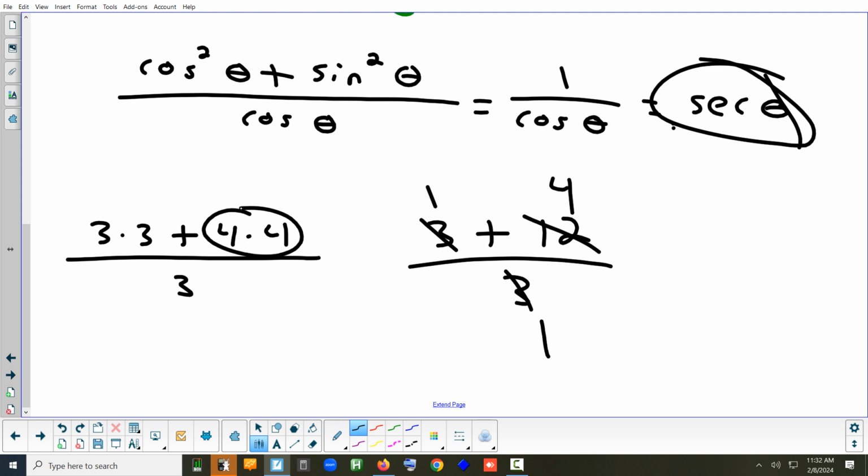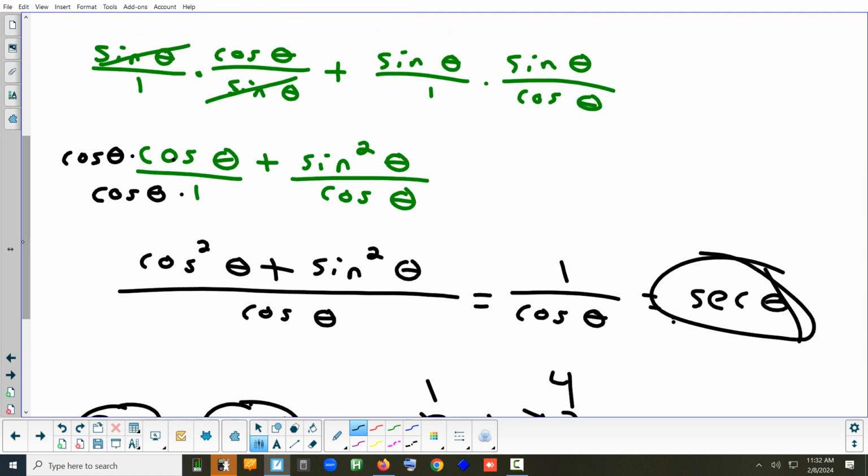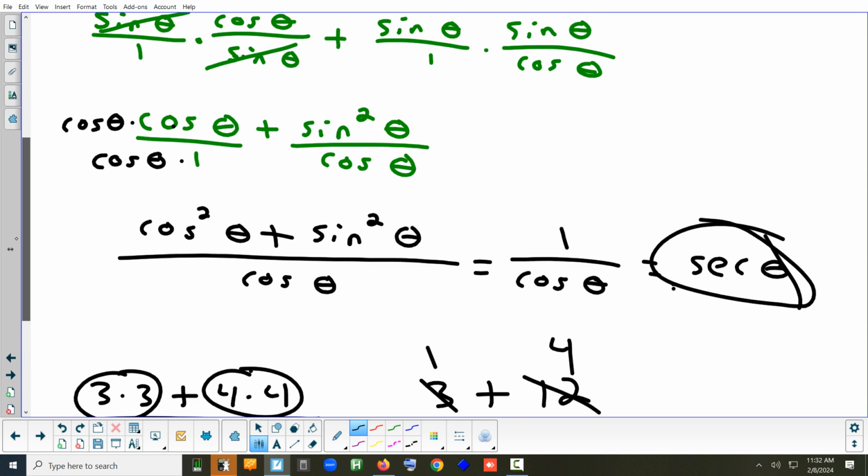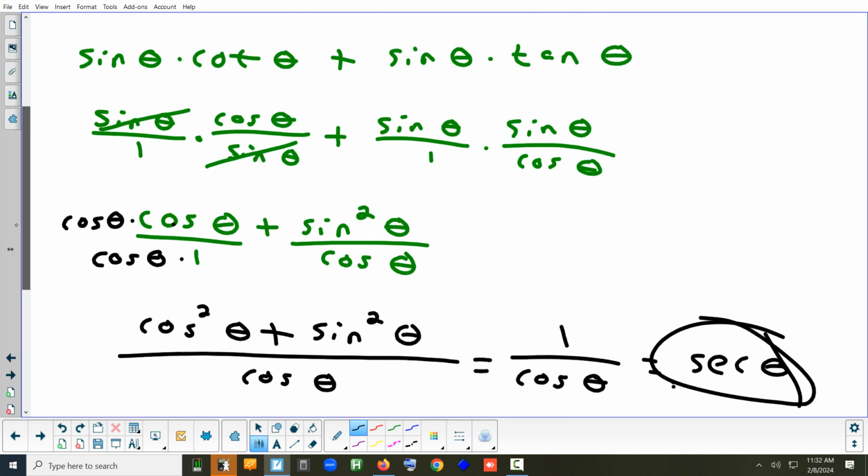So if you're going to cancel a 3, you got to do it here, here, and here. So you could have cosine plus sine squared over cosine if you did that. Well, that's what we had up here, so that'd be going back slightly. Okay. Any other questions on how we got secant?